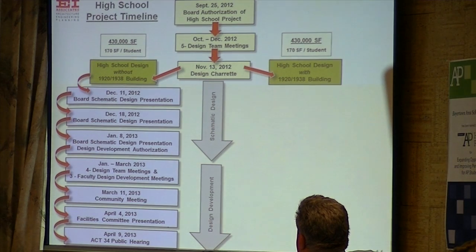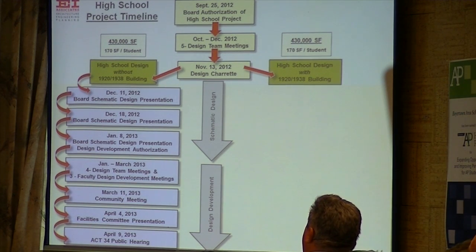So this is the project timeline that we went through. On September 25th, 2012, we were authorized to move forward with the high school project. We had design team meetings, and around November 13th, we had a design charrette, where we talked about different options for the 1920, 1938 portion of the building.